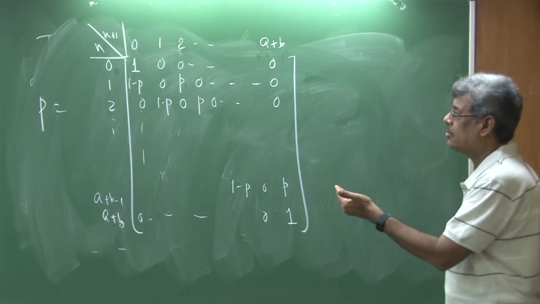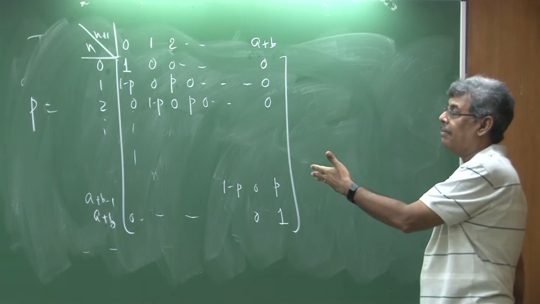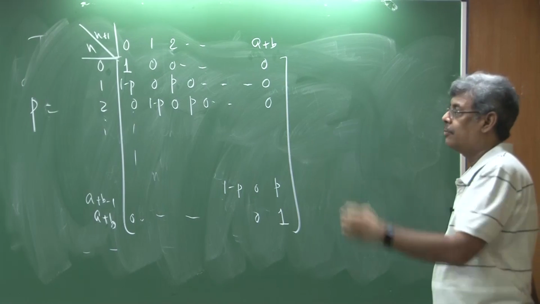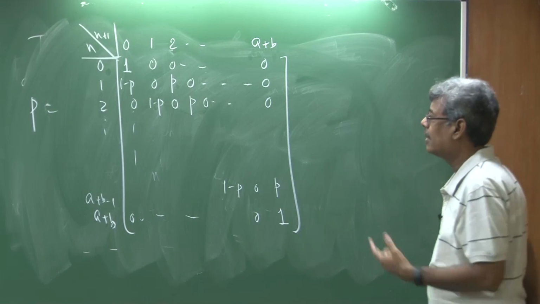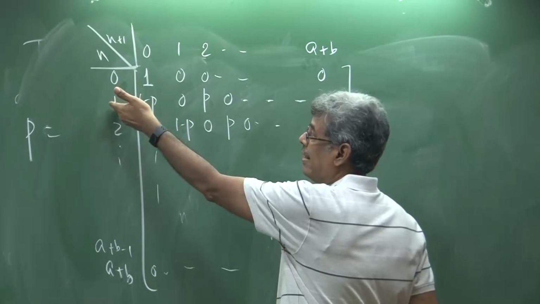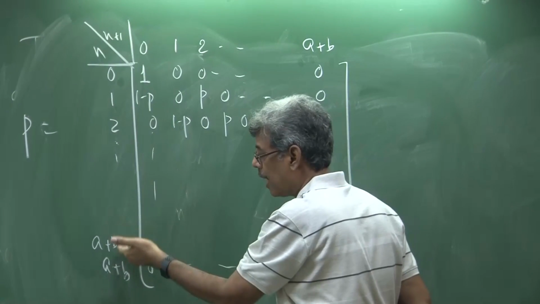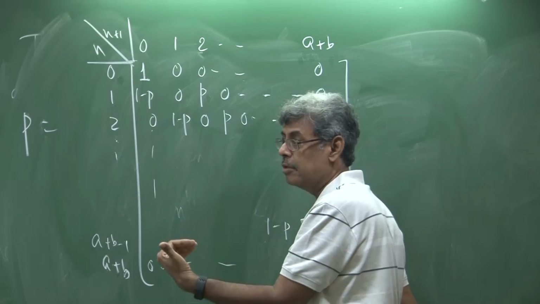So, what do you think will be the expected duration of the game if you start? Intuitively, of course, it makes sense. If you start very close to 0 or very close to 100, of course, the expected duration will be small.